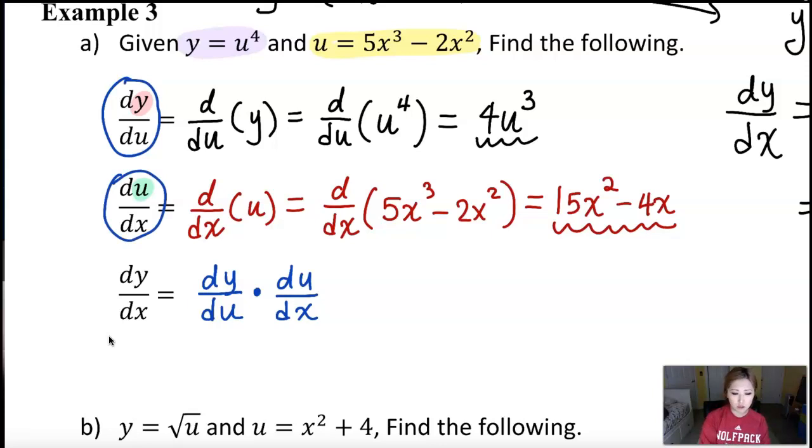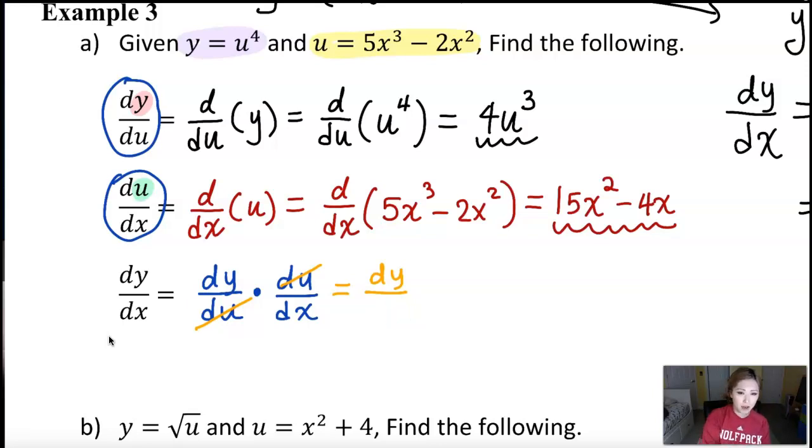Why? Look what will happen. The du's will cancel out, and that will just give us dy dx. Makes sense, right? So what we are going to do is use the pieces that we already found, and simply write that dy dx is equal to dy du times du dx.